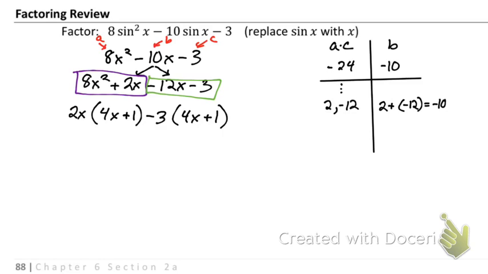The reason why I always go with factor by grouping is because there's a checkpoint right here. If those two things are the same, you did everything correct. All of your steps were correct all along the way. Now all you have to do is smoosh these guys together. So I'll have 2x minus 3 times 4x plus 1.